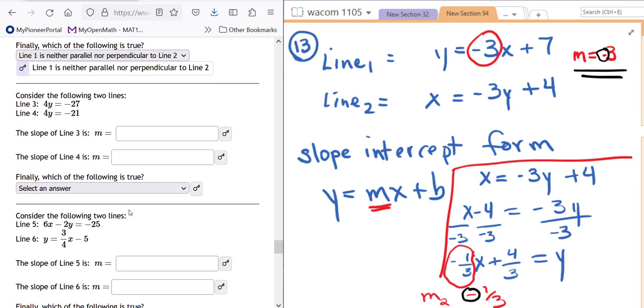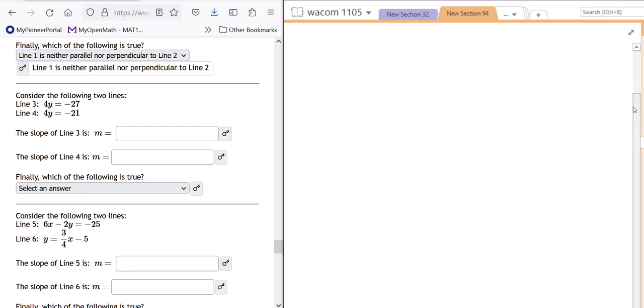All right. We will look at this next one on there. So I don't know what problem number this is. That's okay. We have line 3, 4y equals -27.